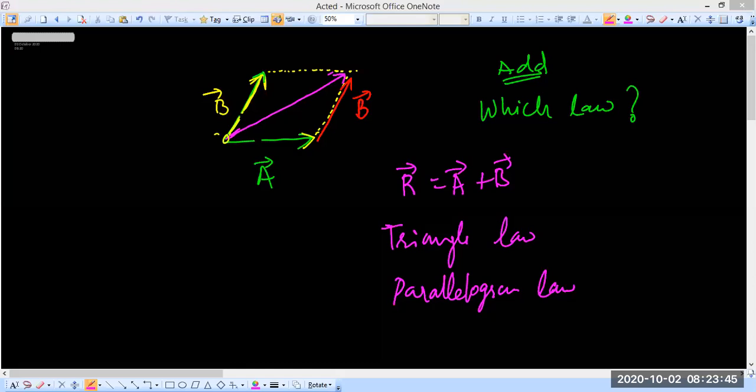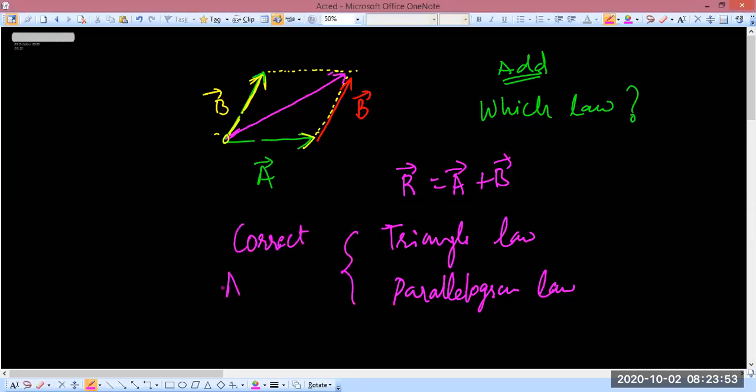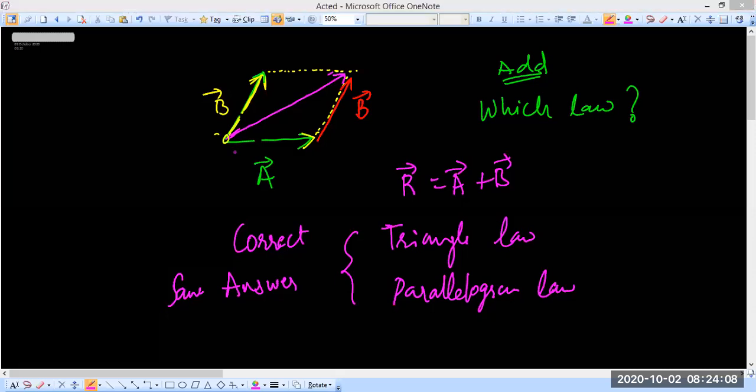So what's the key thing to understand? Both these laws are correct, of course, and they always give the same answer, right? Yes, agreed, Rohan.